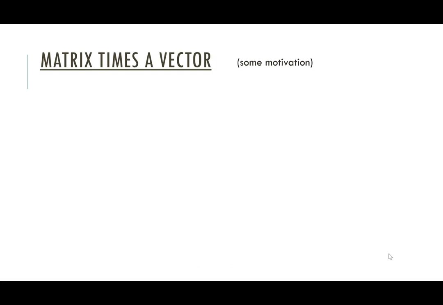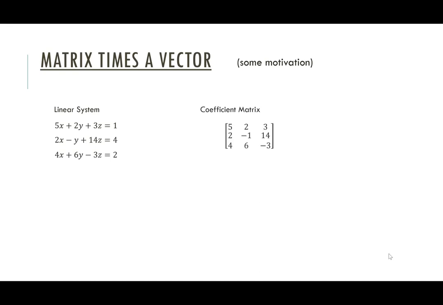And before we define matrix times vector, let's motivate the definition we end up with a little bit. So let's say we have this linear system here. And all right, let's organize our information. Let's find the coefficient matrix. So we write that as 5, 2, 3, 2, negative 1, 14, 4, 6, negative 3. And now I'm going to do something that maybe you haven't seen before.